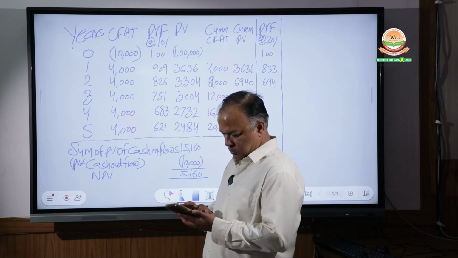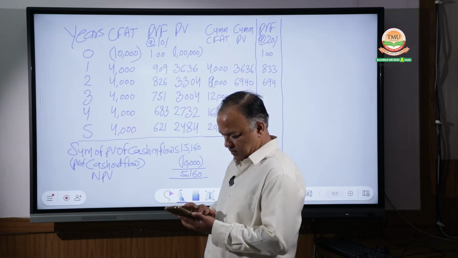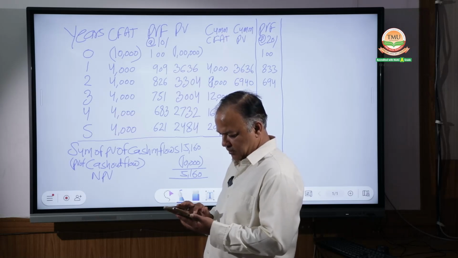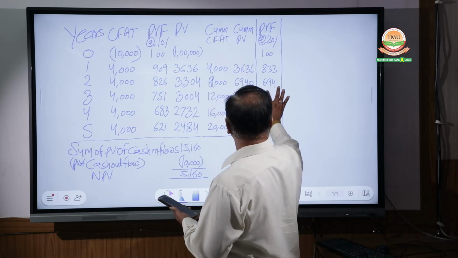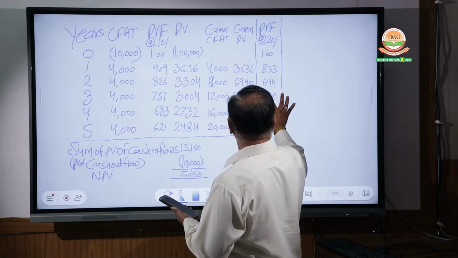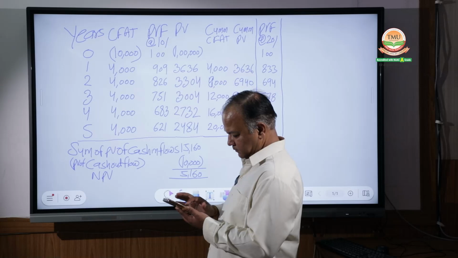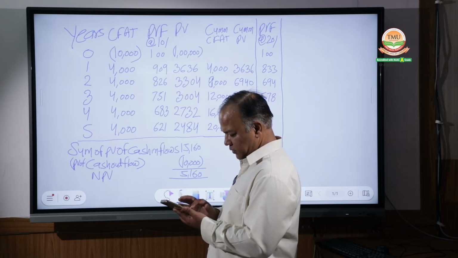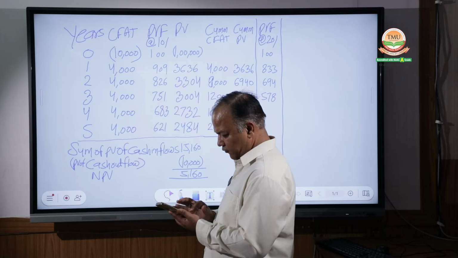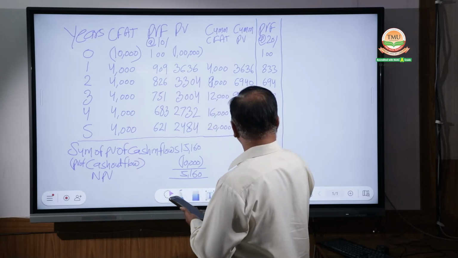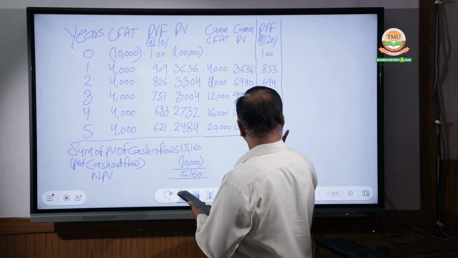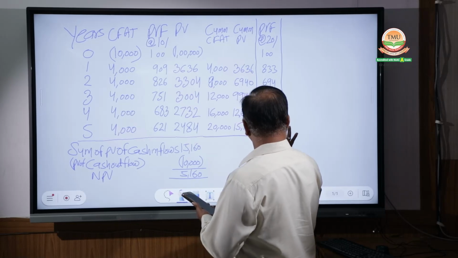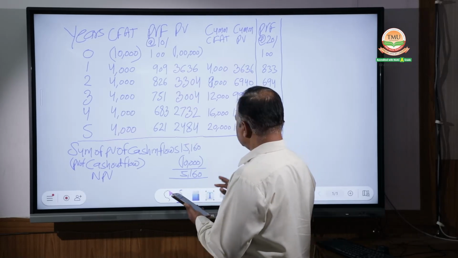Into 100 by 120, 0.578. Into 100 by 120, 0.482, 100 by 120, 0.401.